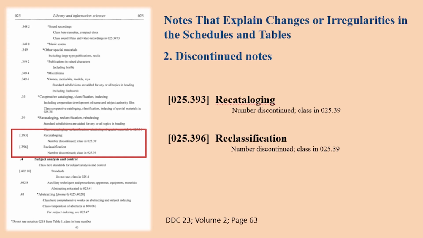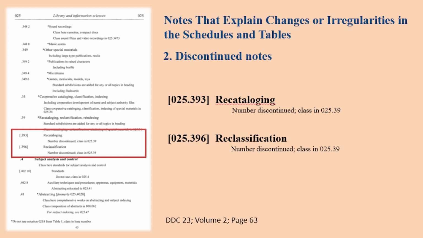It indicates that all the parts of the contents of a number have been moved to a more general number in the same hierarchy or have been dropped entirely. The third one is reallocation note. As the name suggests, it states that all the parts of the content of a number have been moved to a different number.